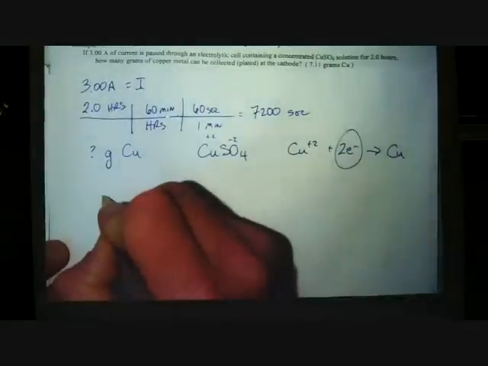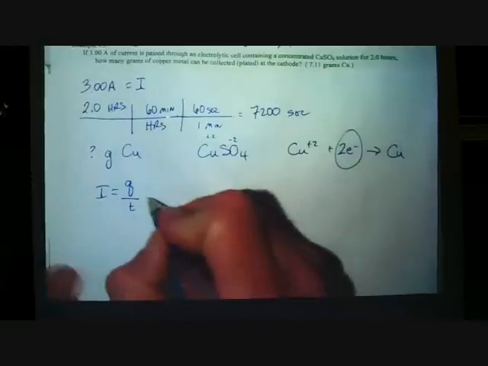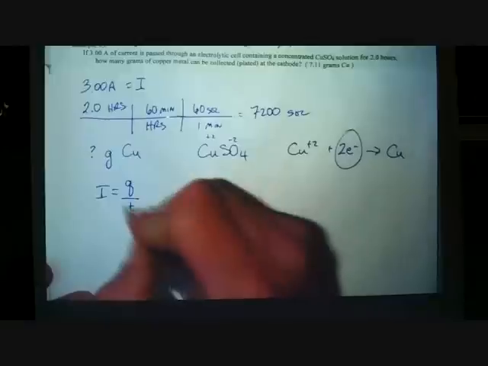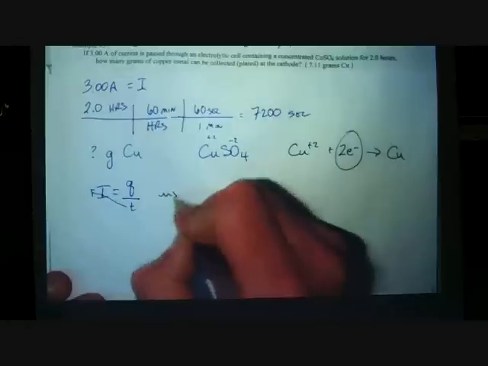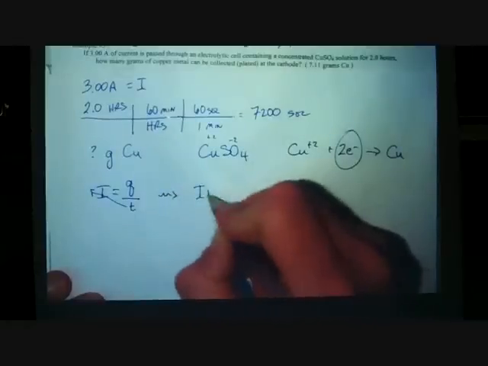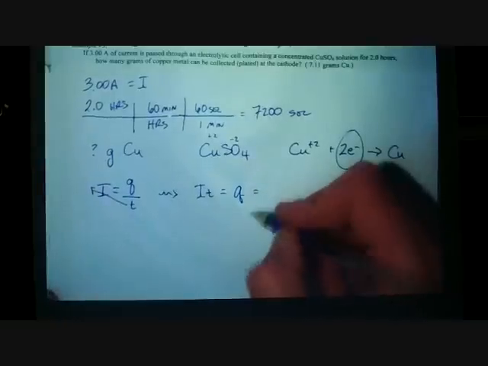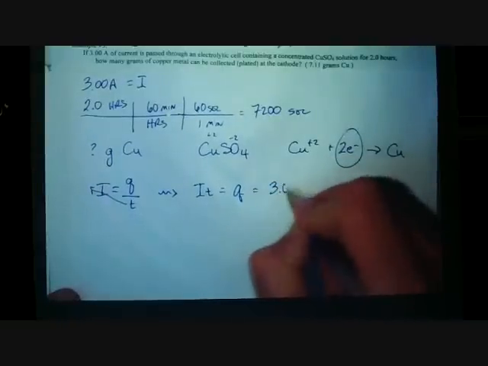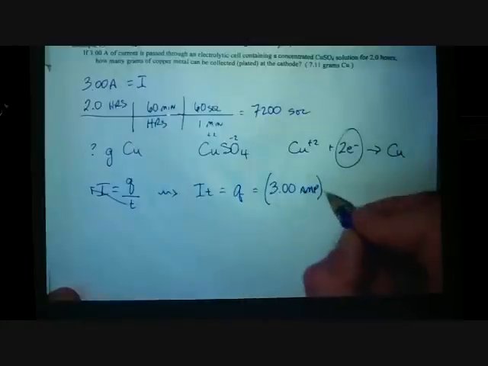So our equation again is I = QT, and again, don't mistake the Q. Look at the legend if you're not 100% sure. And we're going to rearrange. I'm going to put the time up here with the amps. So now I've got I times T with Q, and I have 3 amps times my time, which is 7,200 seconds.